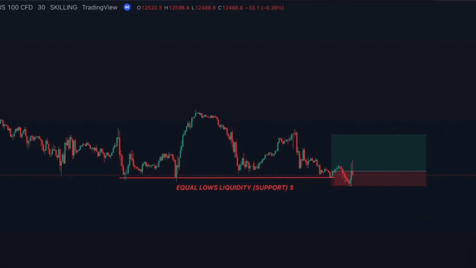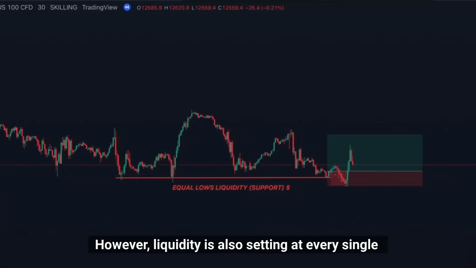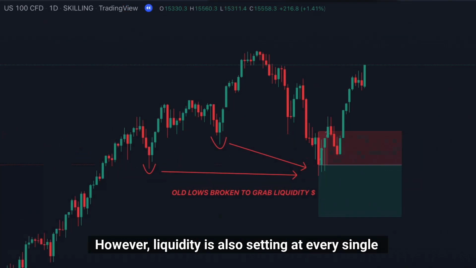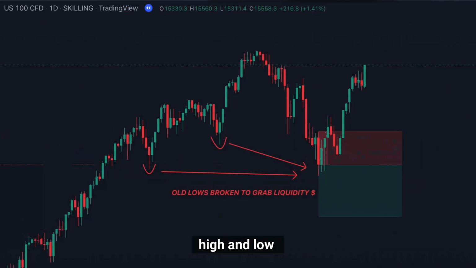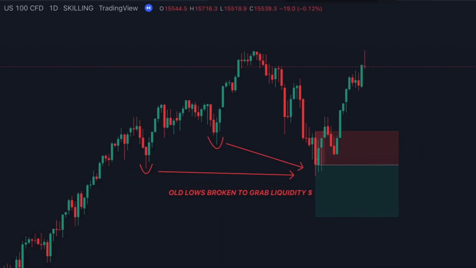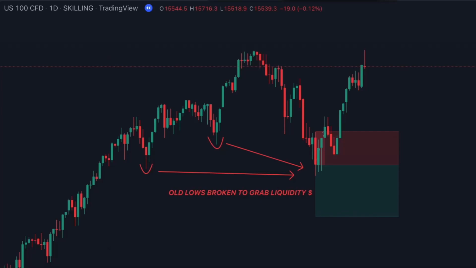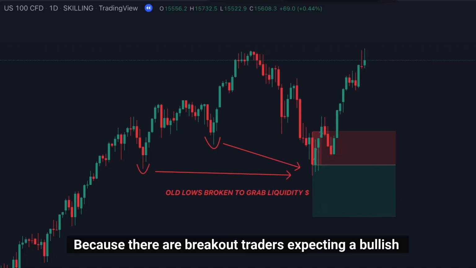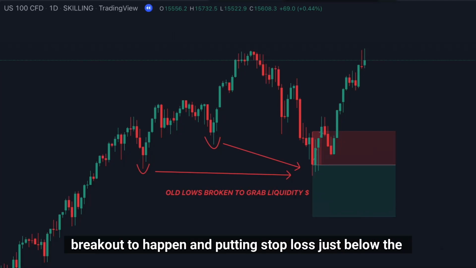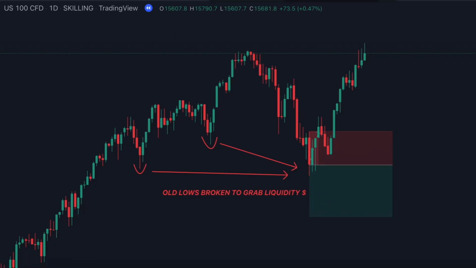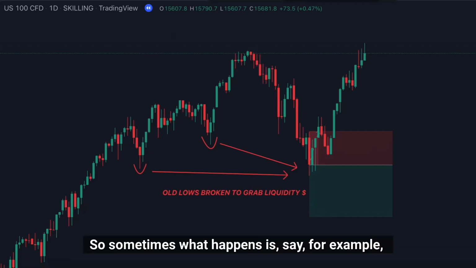However, liquidity is also sitting at every single high and low. Why, for a bullish trend, do we have liquidity sitting at every single low? Because there are breakout traders expecting a bullish breakout to happen and putting stop losses just below the old low. So sometimes what happens is, say for example, institutions are creating this move.